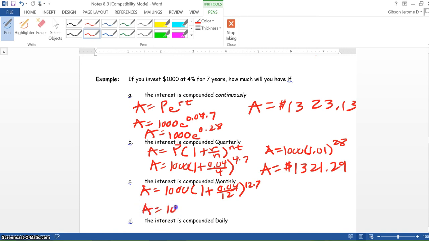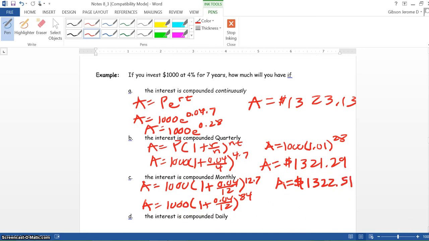So we have A is equal to 1,000 times 1 plus 0.04 over 12, all taken to 12 times 7, which is the 84th power. So we need to add this and then take that answer to the 84th power and multiply by 1,000. And that would give us $1,322.51. So you need to put this in your calculator.